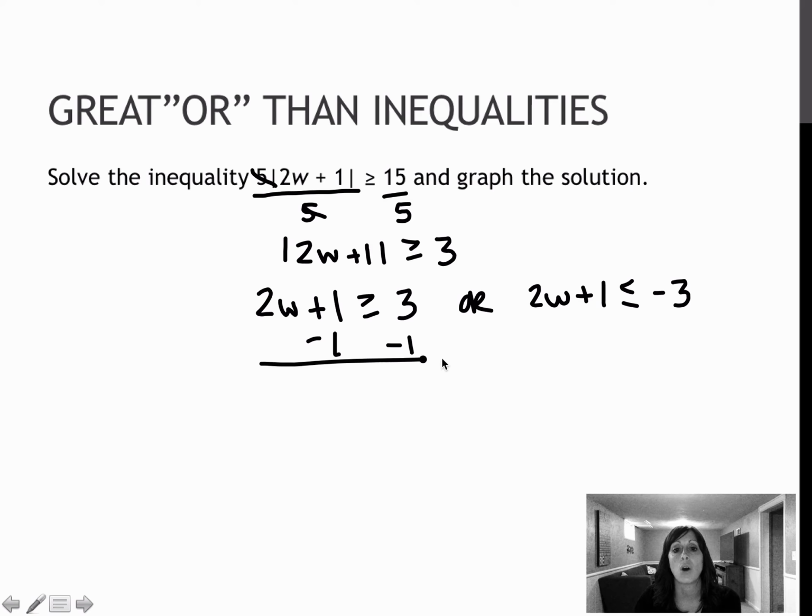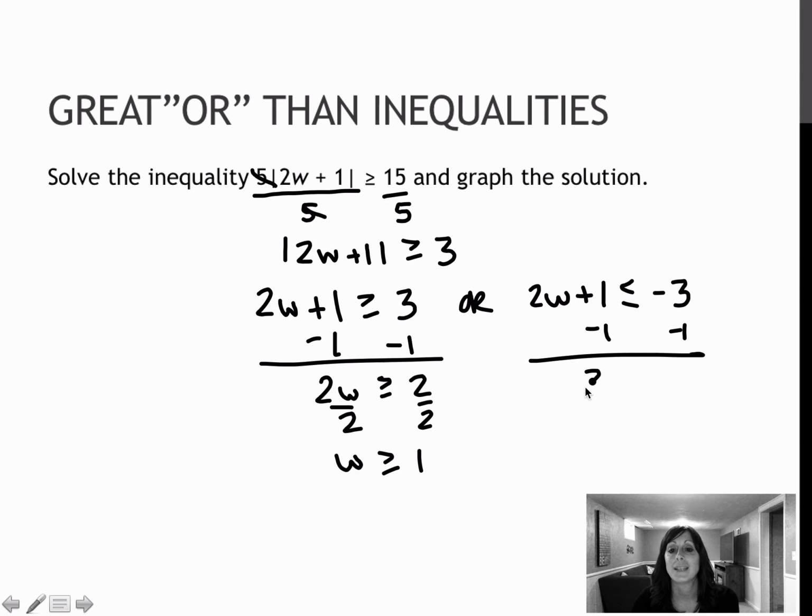Again, I'm going to solve using inverse operations on each. My first solution gives me w is greater than or equal to 1. My second solution gives me w is less than or equal to negative 2, and again I would have that "or" in between.